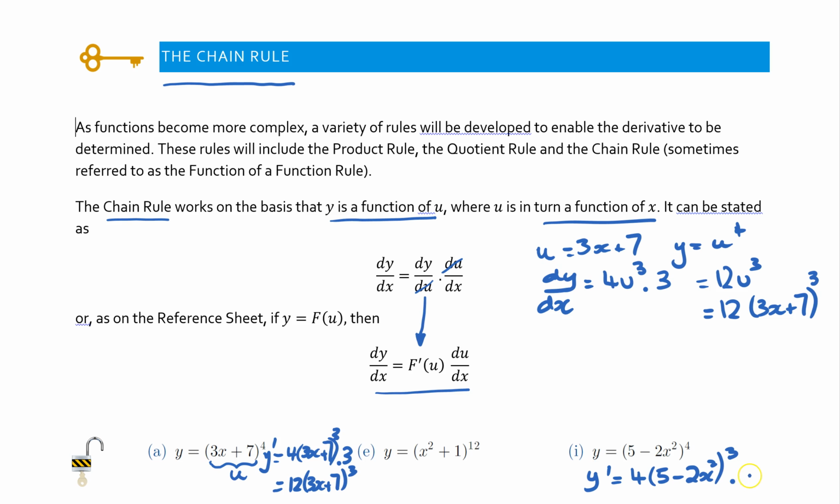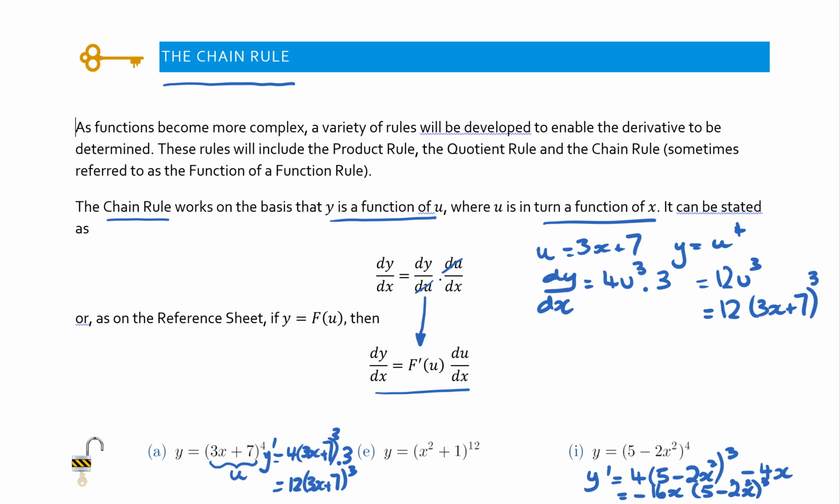So when I differentiate that, that will be negative 4x. Now, if there's some point in tidying it up, we do it, and in this case, it's nice and easy to write 4 times minus 4x as minus 16x.